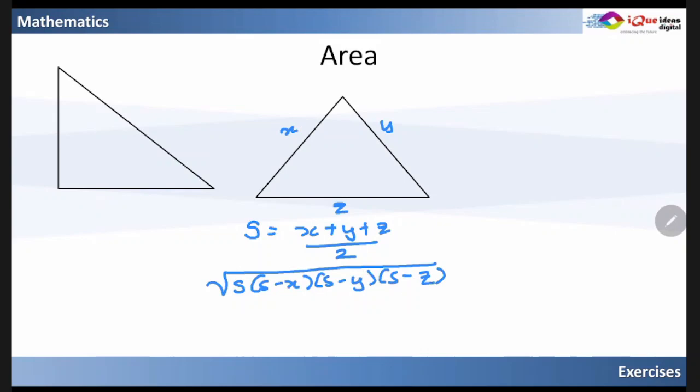This is also known as Hero's formula for the area of a triangle. So supposing you know the base and the height, then apply half base into height directly. And if you do not know the height but you know the three sides, then Hero's formula can be used to find the area of a triangle.